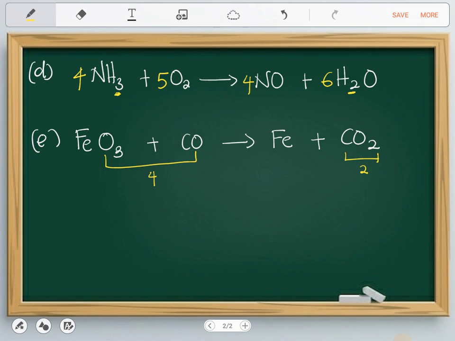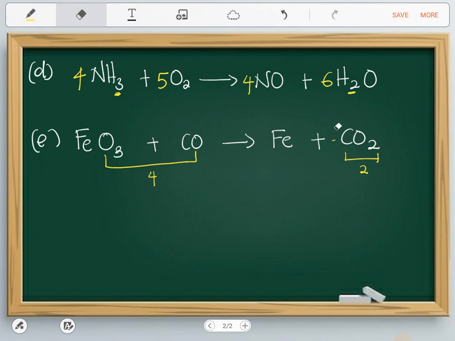So if I need a 4 on this side, because this is where they are few, if I need 4 oxygen, I need to put a 2 here so that I can have 4 oxygen, but carbon will also be disturbed. So if I put a 2 here, carbon becomes disturbed.